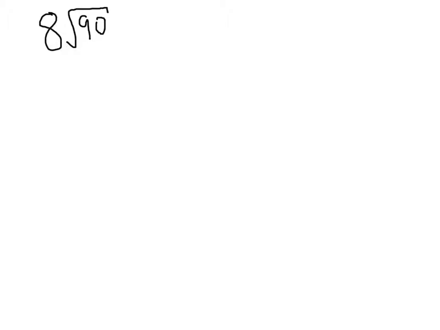So the only other complication is if there's a number out the front of the square root, but that's not too much trouble. You just do the same thing, but you leave it as times out the front. So this is 8 times the square root of 90. If we're going to split 90 into factors, some good factors are 9 times 10.